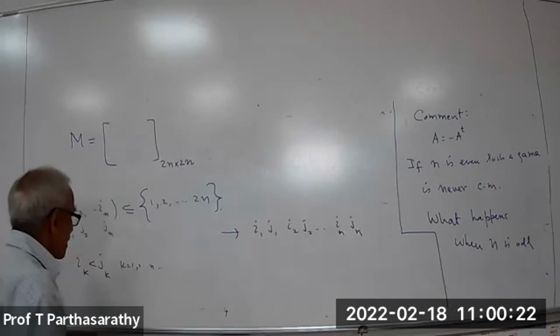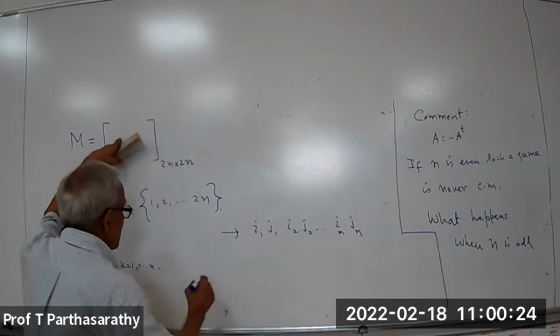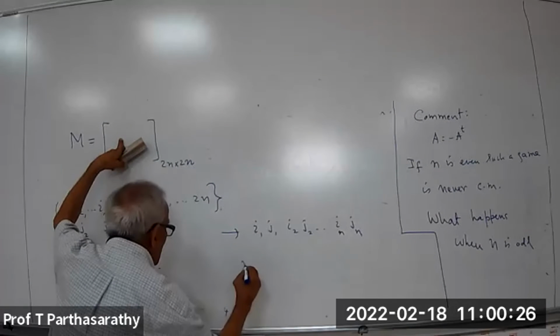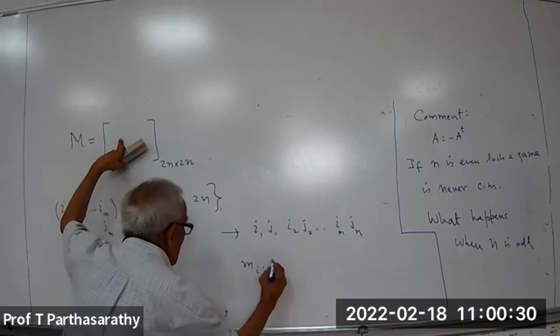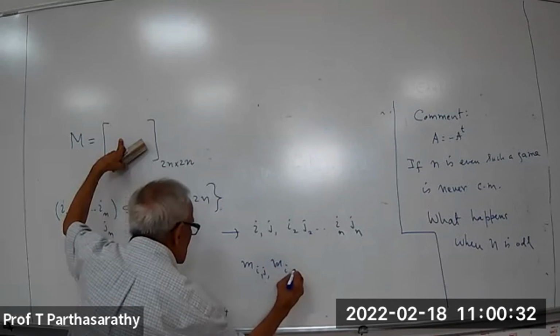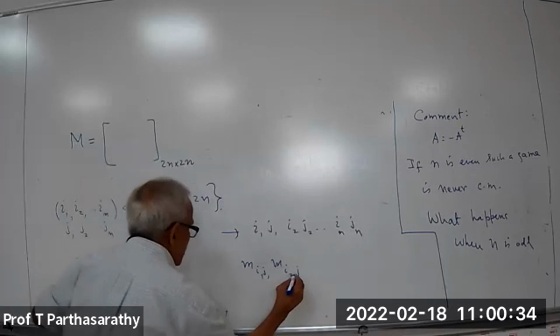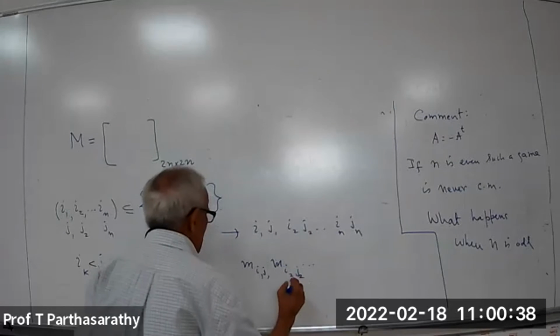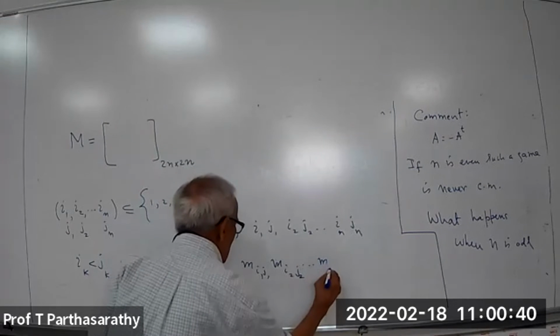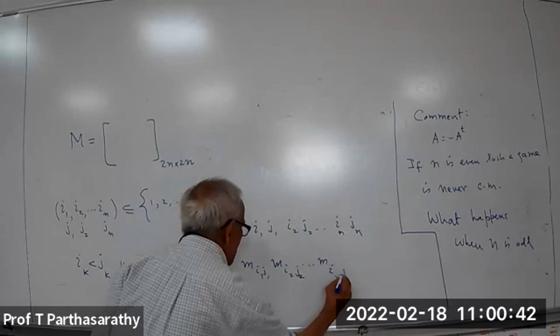Now what I do is, from this element I calculate m I1 J1, m I2 J2, etc., m In Jn.